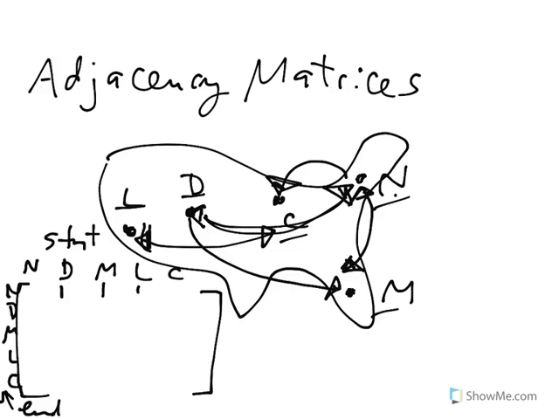So I'll put a 0 here. There's nothing straight from Chicago to New York. There is from New York to Chicago. We'll see how that works. And you can't fly from New York to New York, at least the way that this goes. There is no trip that does that.